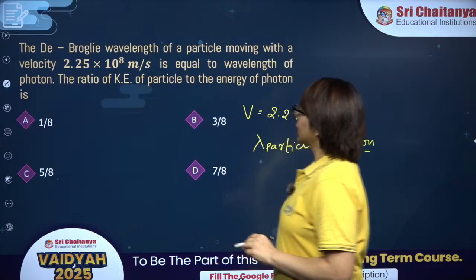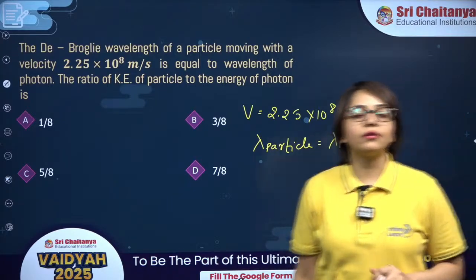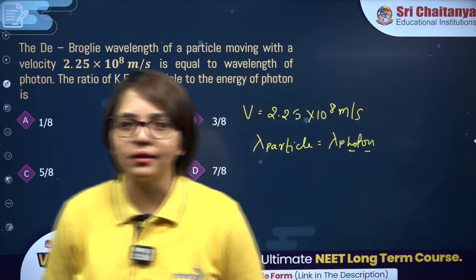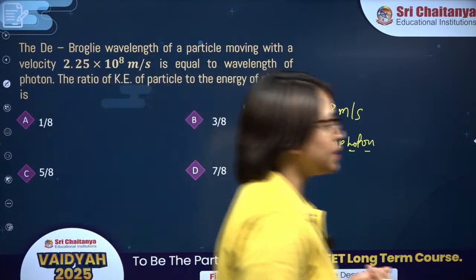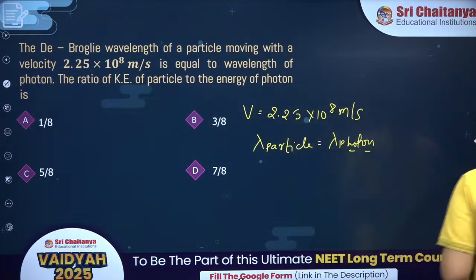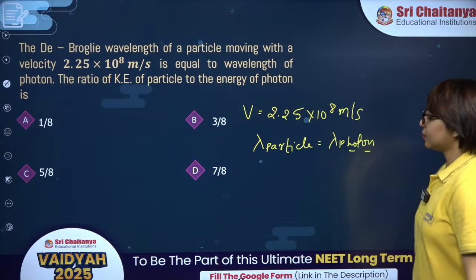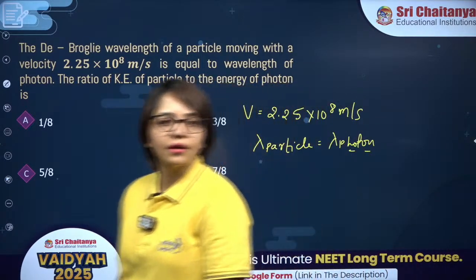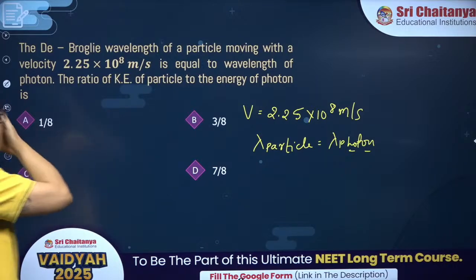The ratio of kinetic energy of the particle to the energy of the photon is, you have to find. Please try this one everyone. Velocity of the particle is given. Option C, alright.